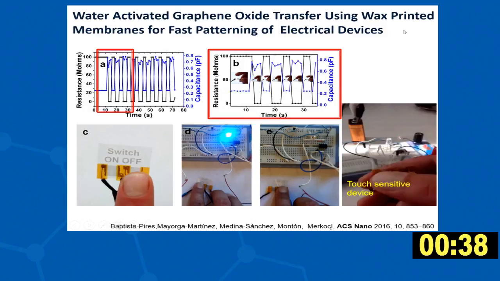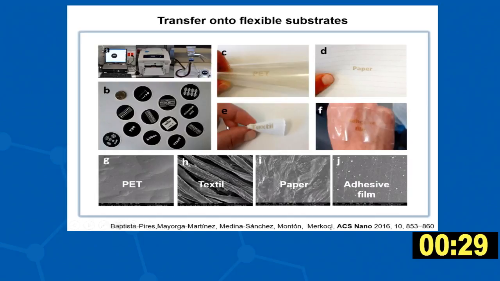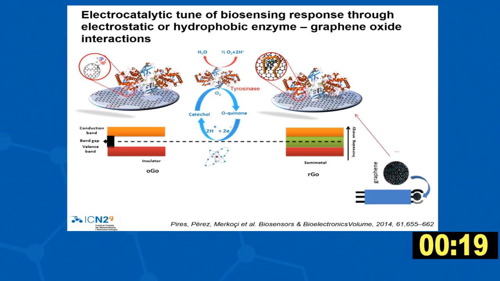So we can, here, I am not able to move this. Anyway, it was a video showing the turning on and off of this device. As I said before, we can pattern to any kind of surface, textiles, plastic, paper, adhesive films, and we are trying to work and build wearable devices with this.